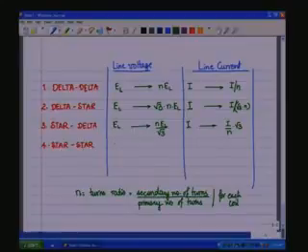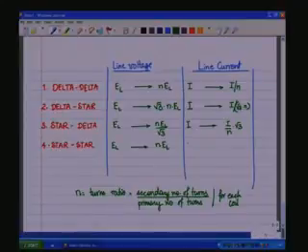And the star star, if you are applying EL on the primary side, it gets converted to EL by root 3 on the phase coils, becomes EL by root 3 into n on the secondary side phase coils, and at the line it becomes n times EL.